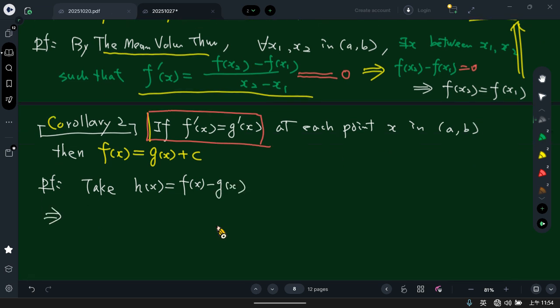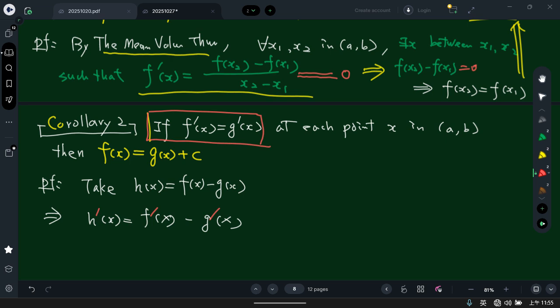So we have h prime x equal to f prime x minus g prime x, because h of x is the difference of f of x and g of x. Once we differentiate both sides at the same time, we get this one.